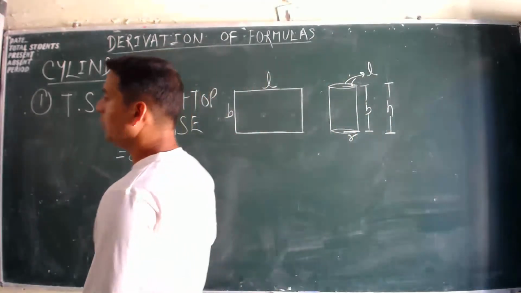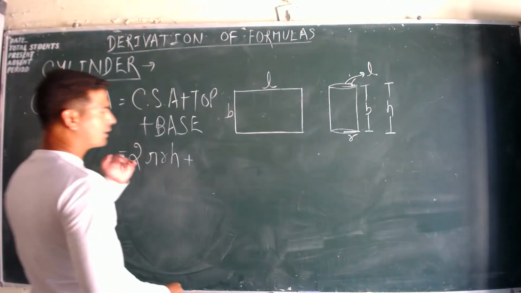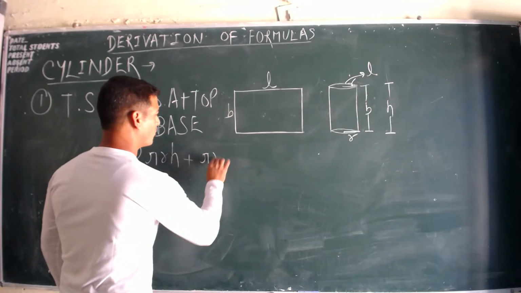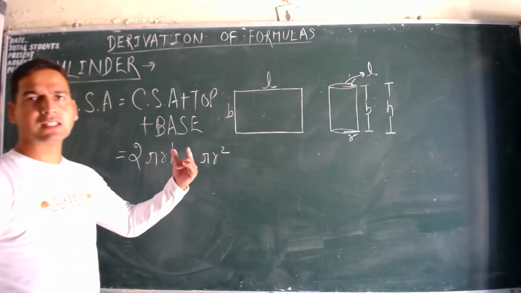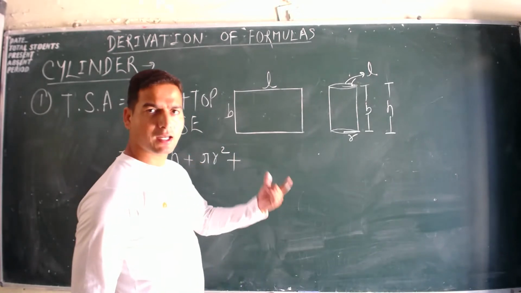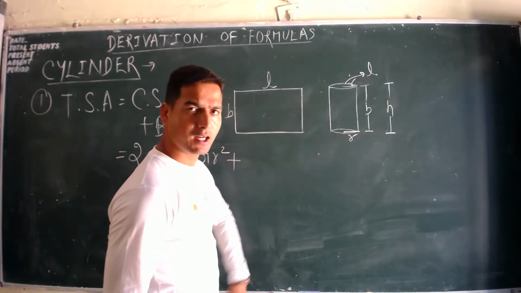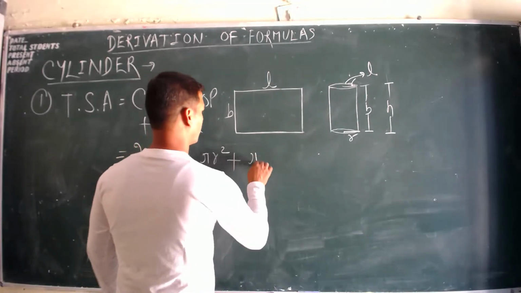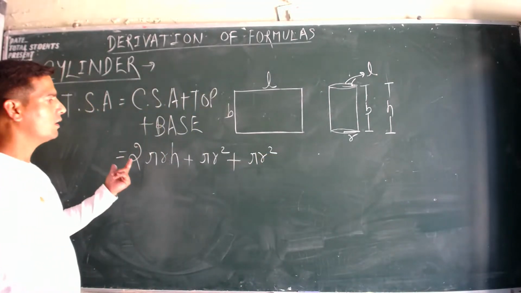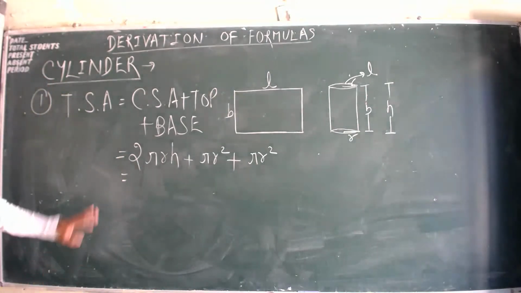So the area of the top will be the area of a circle, pi r square, because we have taken the symbol small r. And what is the area of the base? Base is again a circle with radius small r. So the area of the circle is pi r square. So what will we get? Clear?